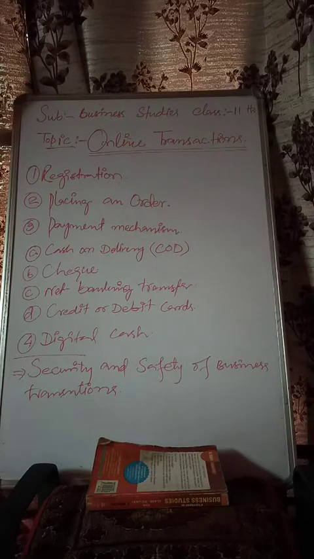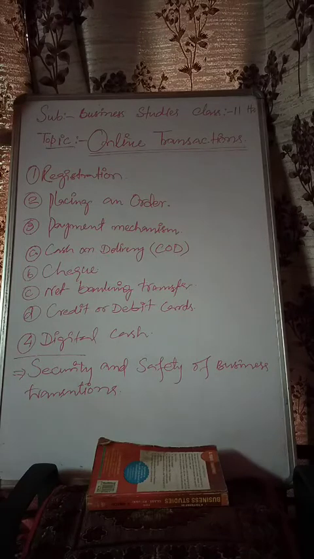First one, that is cash on delivery, in short form COD. Under this method, the cash payment for the goods ordered online is to be made at the time of physical delivery of goods.